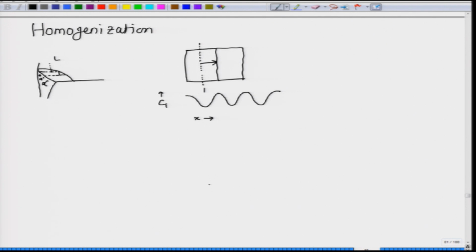So, we will solve the diffusion equation. If I consider component i in an n component alloy, I have to solve the diffusion equation, dou Ci by dou t, for an n component system.